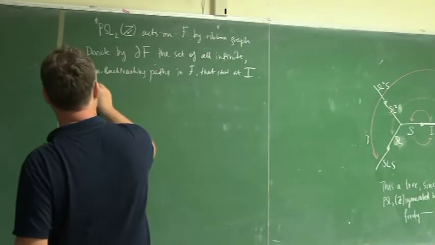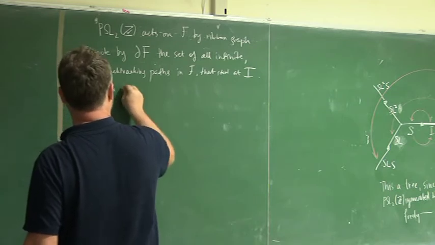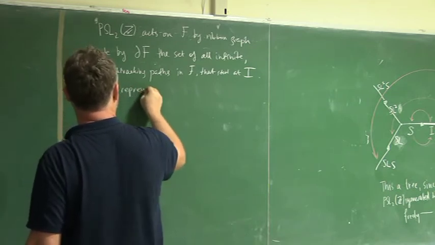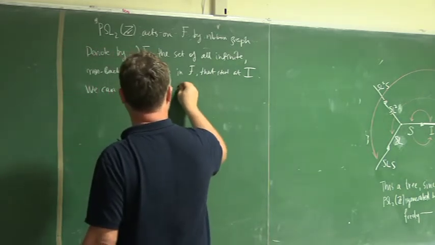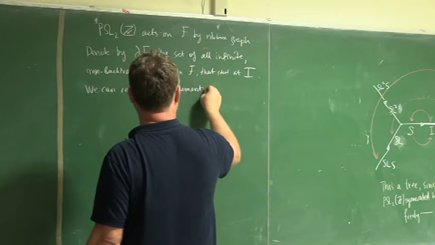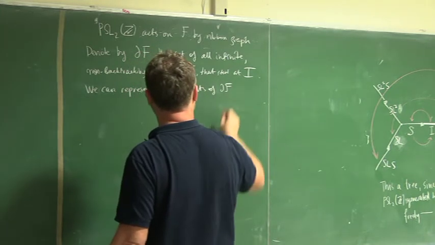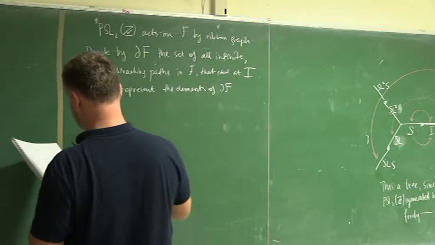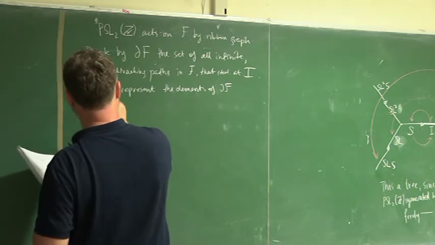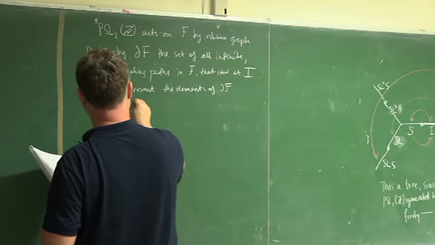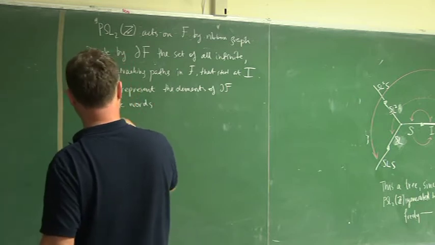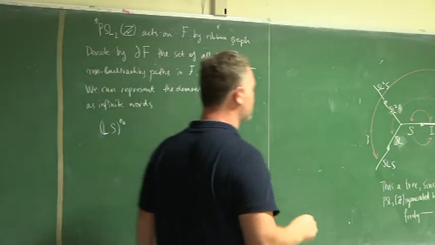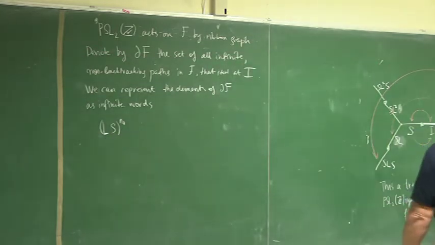And we can represent the elements of the boundary as infinite words LS^n0. So what is written here is going to be a longer and longer word.